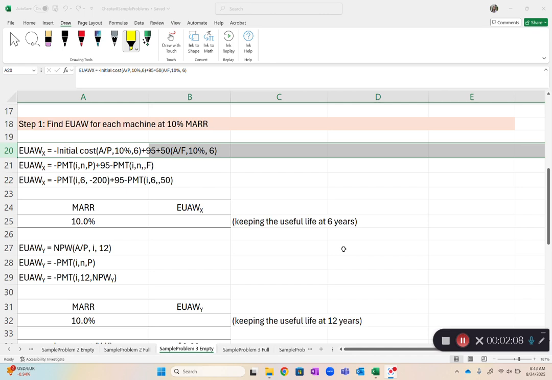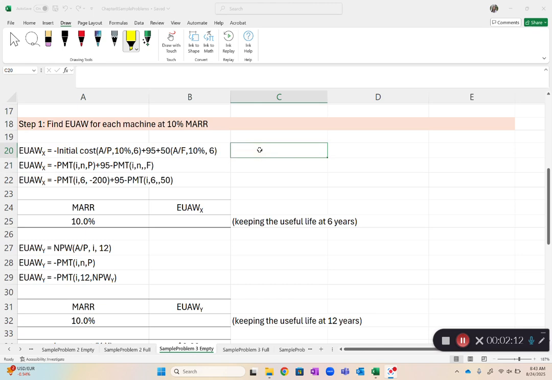However, since my design life is different, on the previous problem we forced it to have a design life of 12 years. So my present worth was based off 12 years. So I can't just convert the present worths from the previous sample on this one because my design lives are different. I can do that for machine Y, and we will do it that way in a minute. But for machine X, I have to come up with a new calculation.